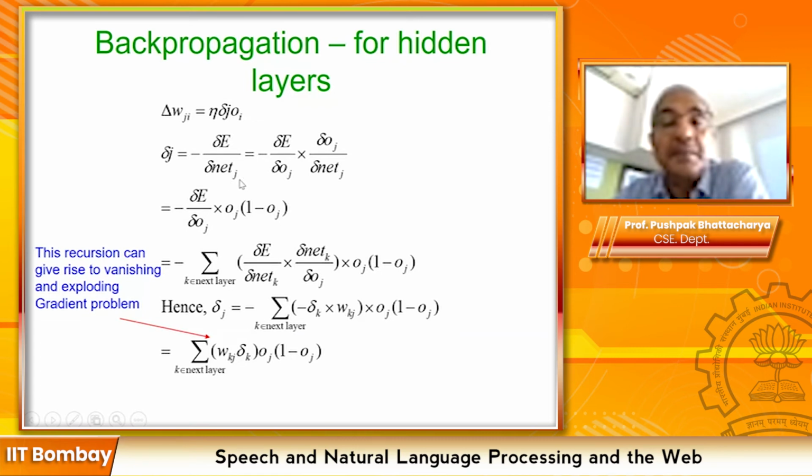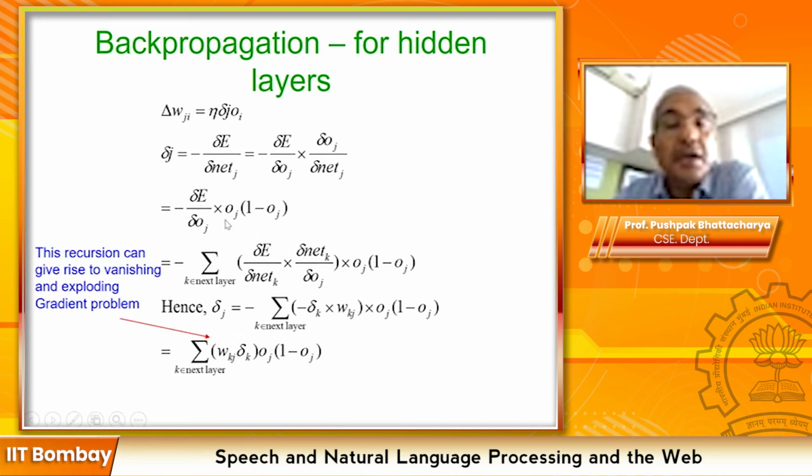It is a hidden neuron. Remember that. So again, I apply chain rule and get delta E delta Oj into delta Oj delta net j. This is the same as the process applied for outermost neurons. And I get minus delta E delta Oj into Oj into 1 minus Oj. Delta Oj delta net j is nothing but the derivative of the sigmoid, which becomes output into 1 minus output.